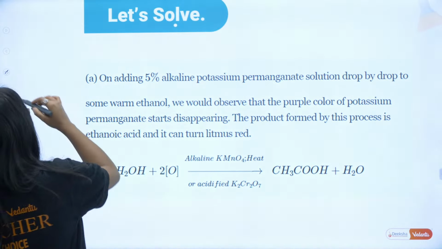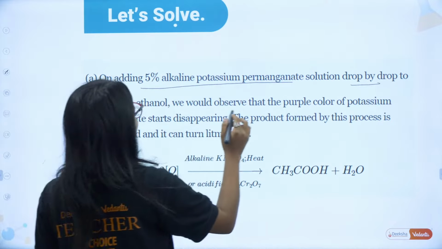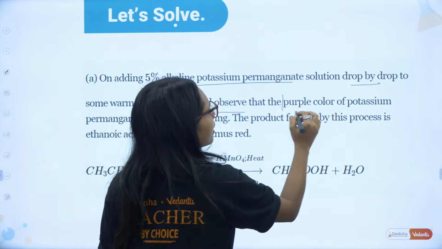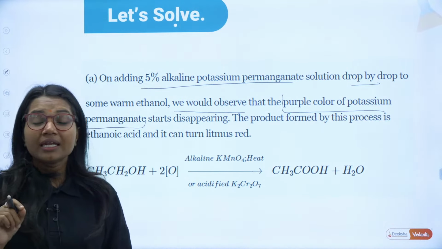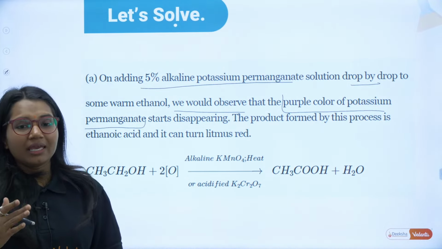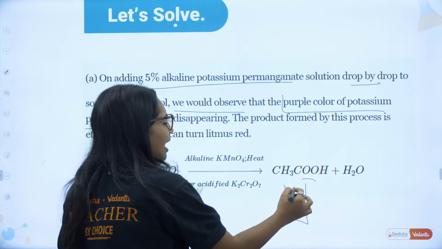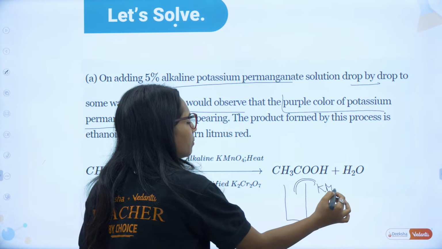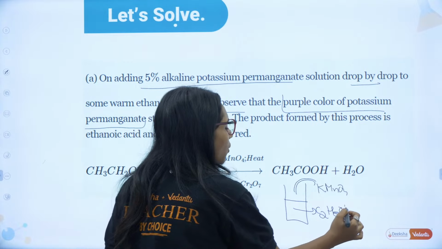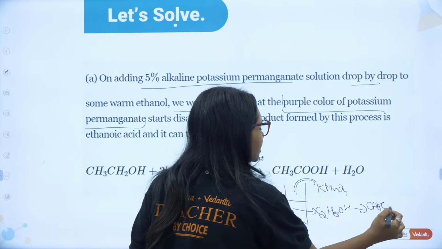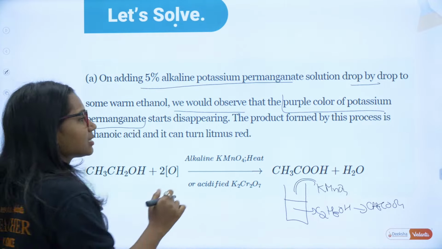On adding 5% alkaline potassium permanganate drop by drop, we would observe that the purple color of potassium permanganate slowly disappears. What is the color of potassium permanganate? It is purple. When you add this purple KMnO4, it gets utilized in converting C2H5OH into CH3COOH, so the purple color starts disappearing.